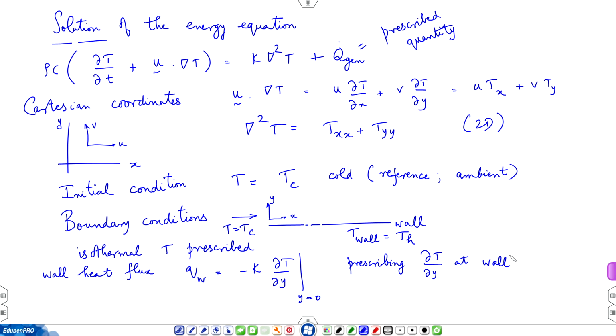So, this is the second type of boundary condition where the wall heat flux is given. So, for example, you may have a hot surface, and below you have maybe a candle flame or a fire. If it is a furnace of a thermal power plant, you will have hot gases inside, you will have coal or methane or oil burning. So, that will impose a heat flux boundary condition on the wall.